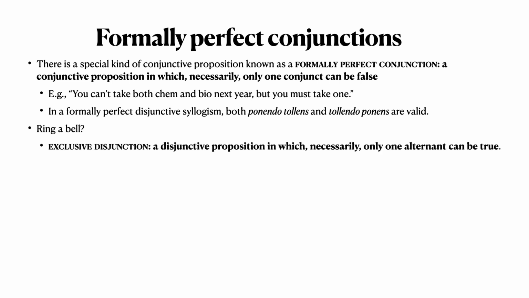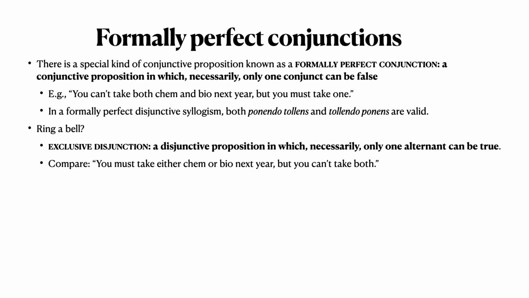This should ring a bell. It should remind you of the exclusive disjunction, a disjunctive proposition in which necessarily only one alternate can be true. So the formally perfect conjunction, only one conjunct can be false. In the exclusive disjunction, only one alternate can be true. Again, mirror images of the same thing. And in our example here about chem and bio, I can phrase the exclusive disjunction this way.